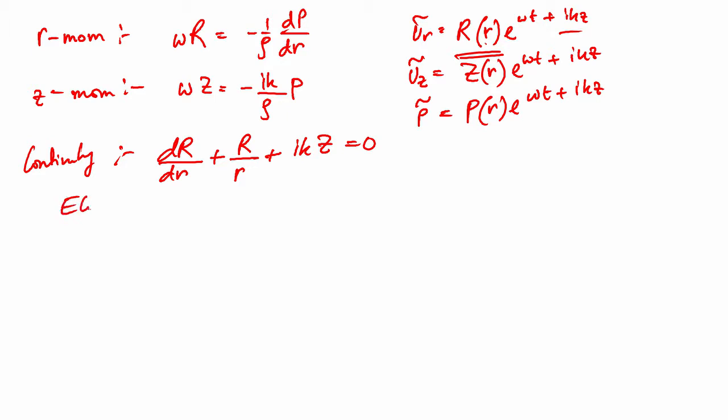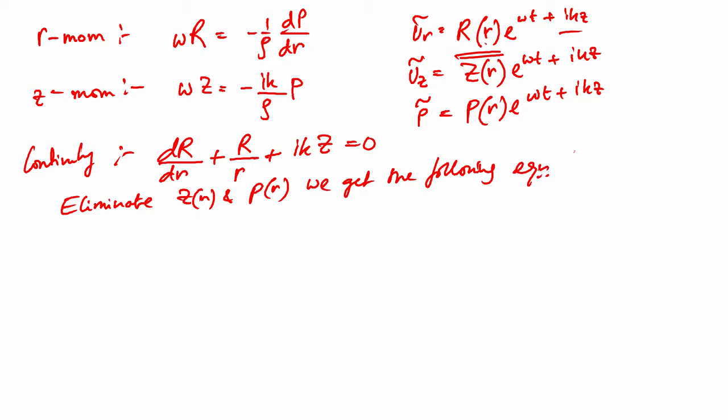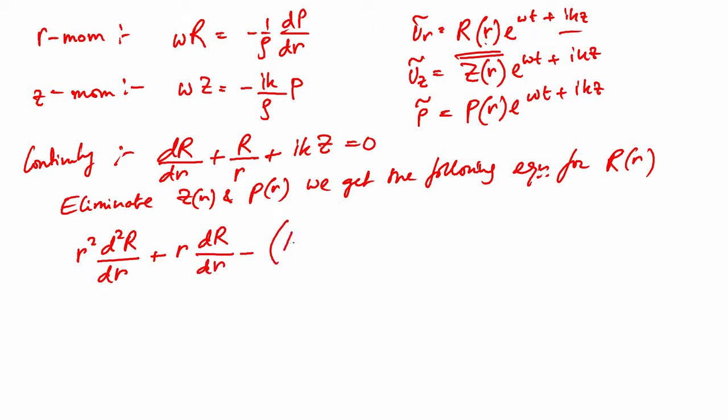So, if we eliminate U z r and P r, we get the following equation for R r, and that is given by this.